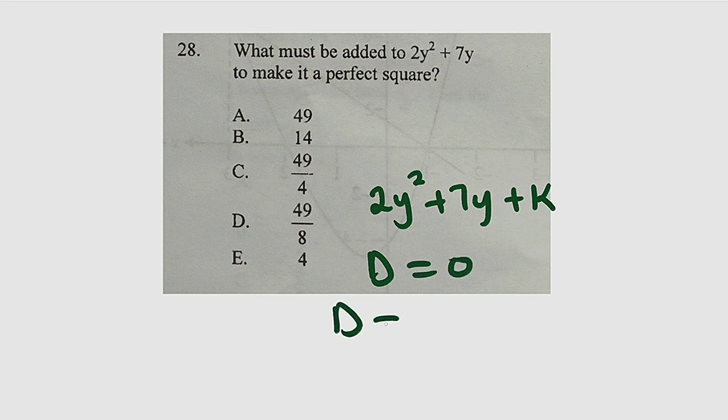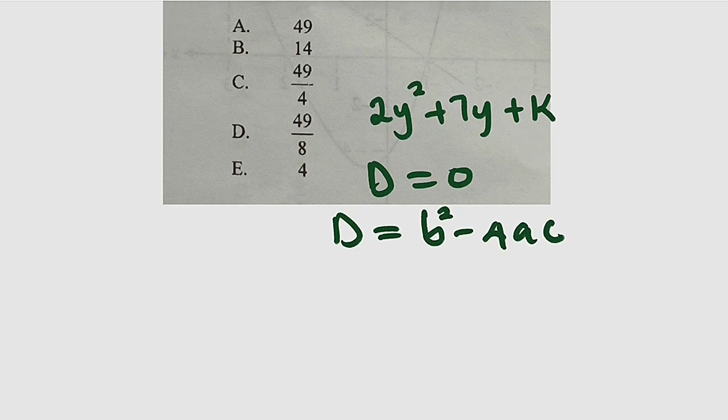And what is d? d is nothing but b squared minus 4ac. Let's compute b squared minus 4ac and set it equal to 0. Remember that b is the coefficient of the middle term, so it becomes 7 squared minus 4 times a, which is 2, times c, which is k.